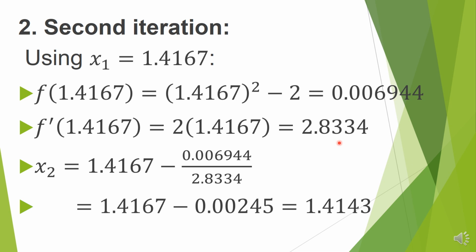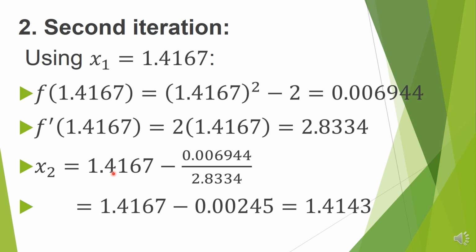After that we use the Newton-Raphson formula which we have already followed. x2 equal to x1 minus, we put these values here, then divide by the f dash value. After putting the values in the formula, we simplify.